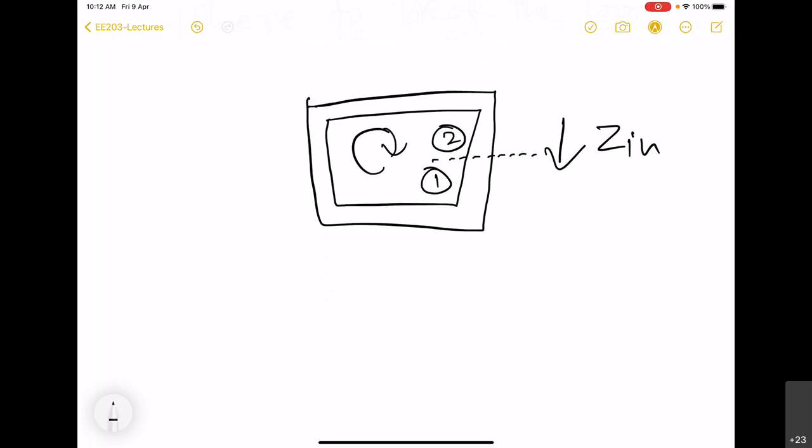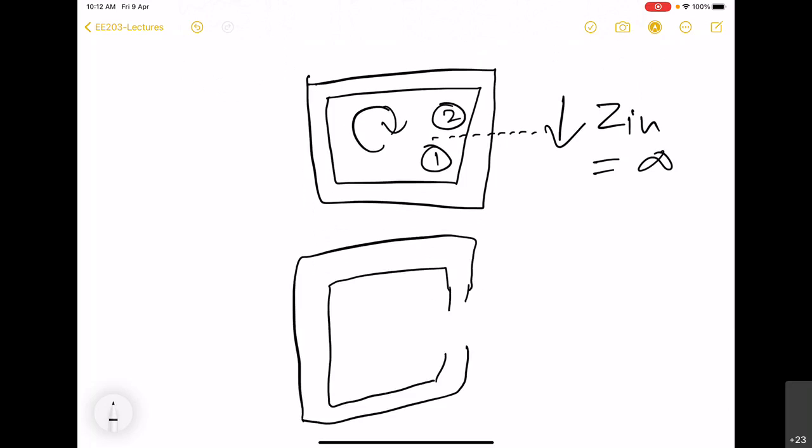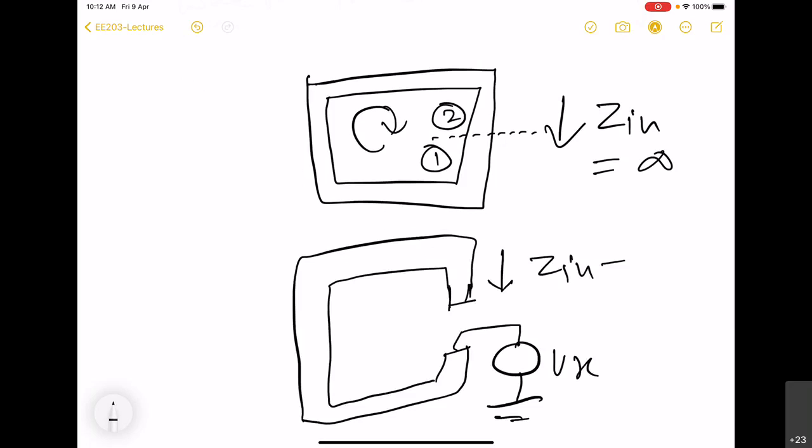For example, if this Z in is infinite, then when you break this loop and create this system, and you connect your test source here, even in this case this Z in should be equal to infinity.